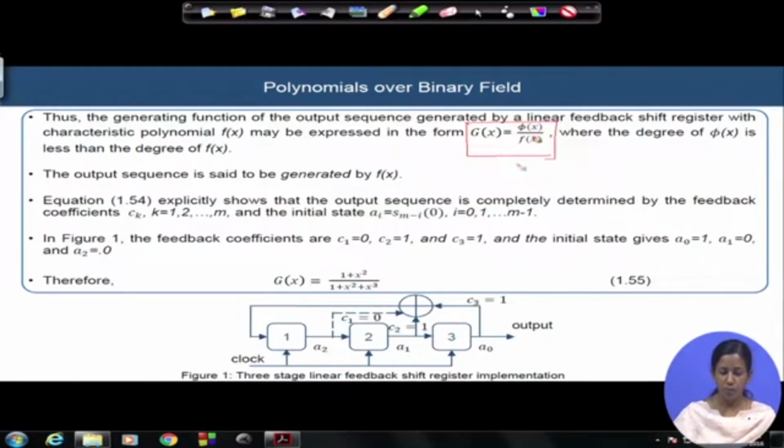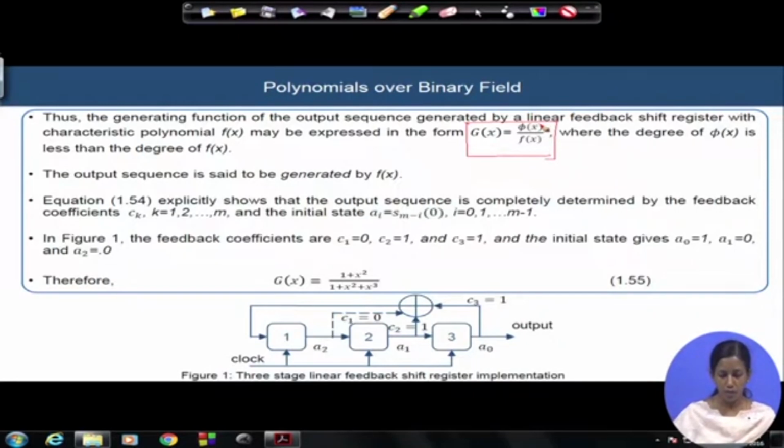This output sequence can be generated by f(x), that is, the characteristic polynomial can generate the generating function if you know f(x), that is one point. And to do that, there should exist another polynomial, which is completely divisible by this f(x), in such a way that its degree is at least 1 less than that of f(x).